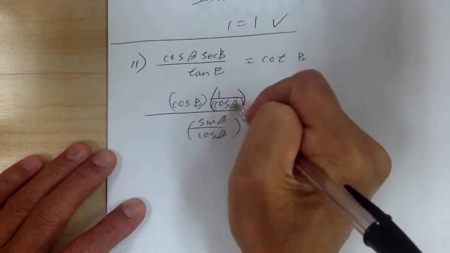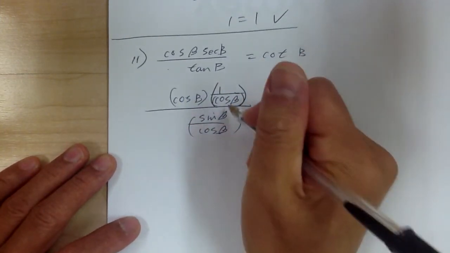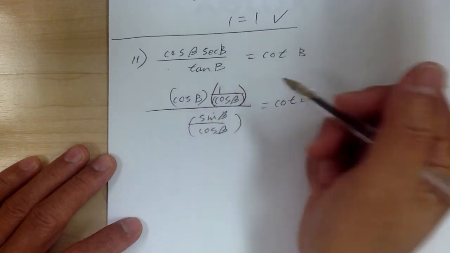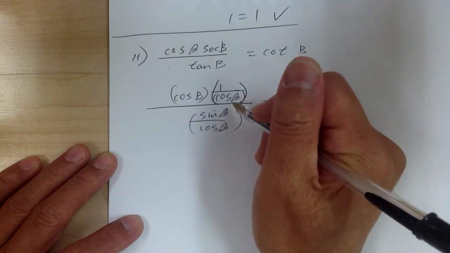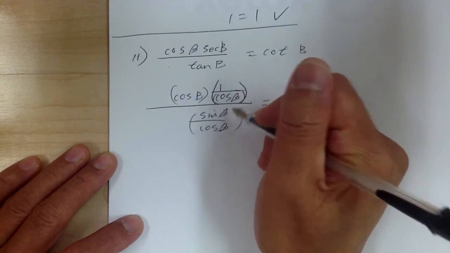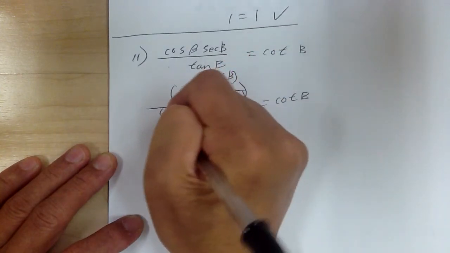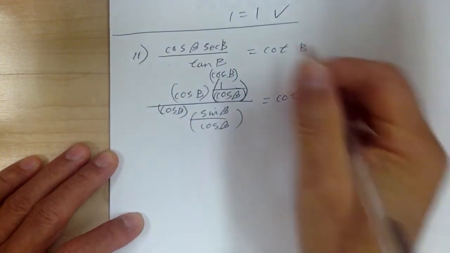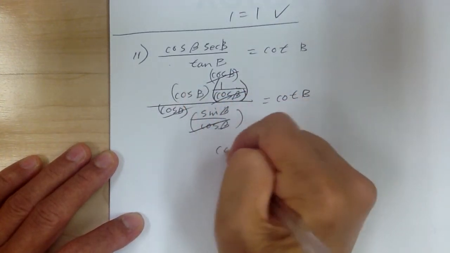Over here you can see that this will cancel out. Or another option is, notice that this is a complex fraction. To simplify a complex fraction, you multiply by common denominator, so that this and this will cancel out, and you end up with cosine over sine, so you end up with cotangent.